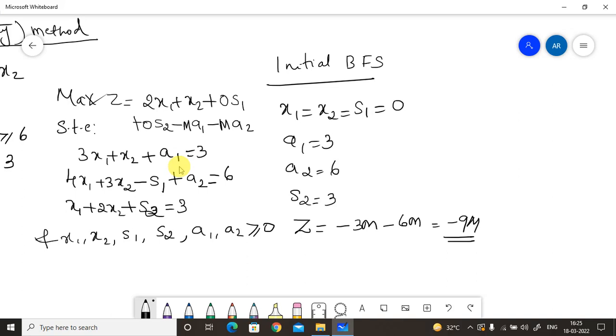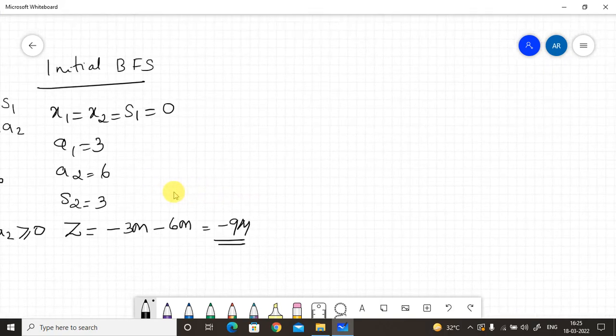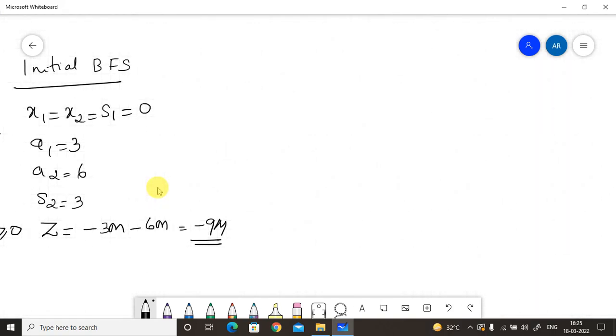Now we'll try to find the actual value of z and also the values of x1 and x2. So let us try to solve this problem using the tabular simplex method, using the penalty method or the Big M method. Now I'm going to take up all the values here.